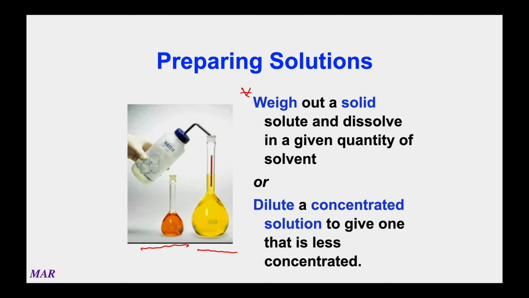Where this is really handy for chemists is that most of the time, acids and bases, especially the strong acids, will be mailed to you, if you will, as a concentrated solution. And it's great sometimes having 12 molar hydrochloric acid, which I think is the concentrated version. But you can't do much with it because it's so strong.